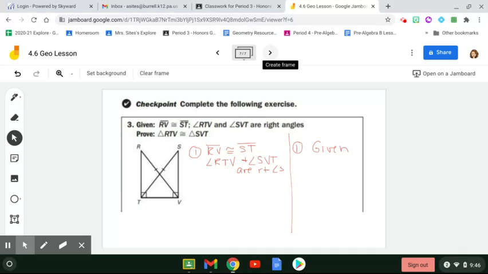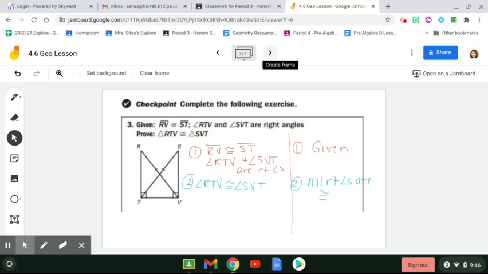Okay, so the next thing I'm going to do, I'm going to go right off of that fact that I have right angles. I'm going to say that angle RTV is congruent to angle SVT because I know all right angles are congruent.